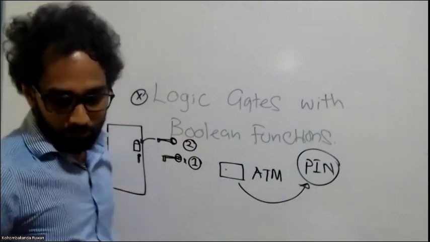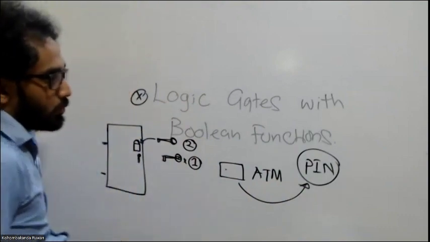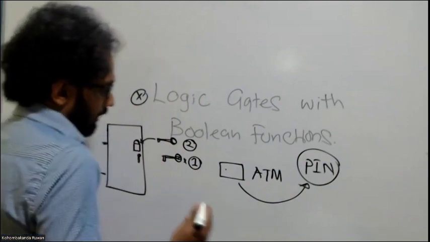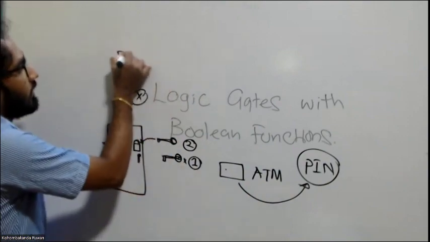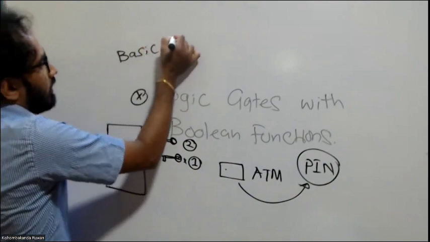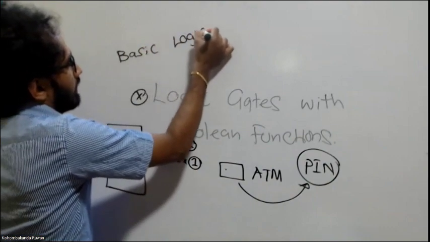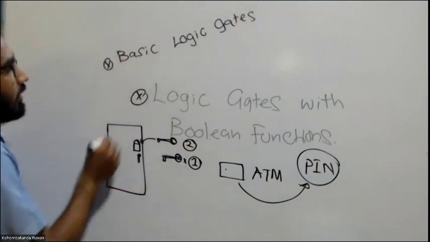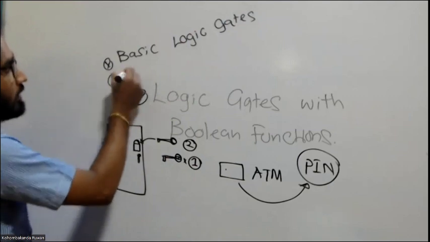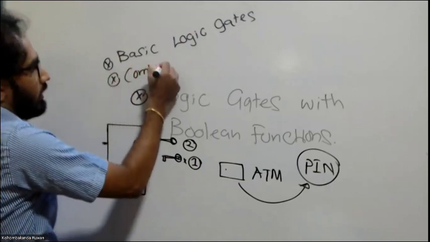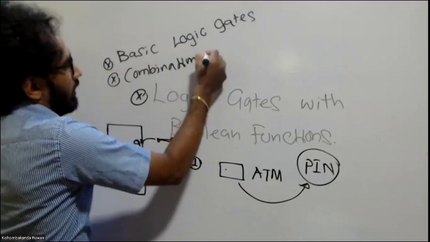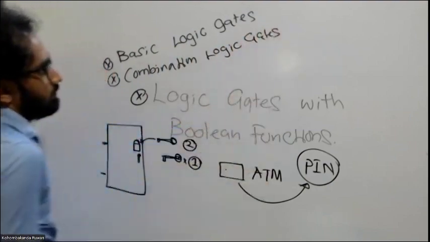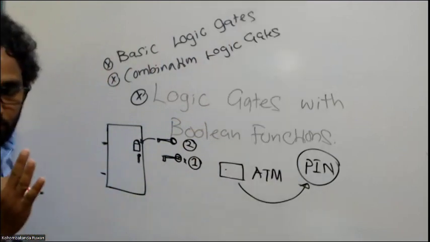Basically, we can categorize logic gates into two parts. One category is the basic logic gates, and another one we call the combinational logic gates.